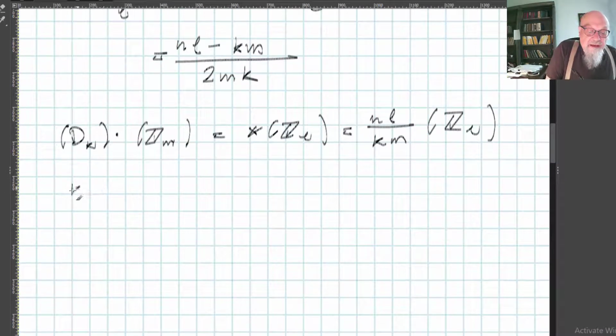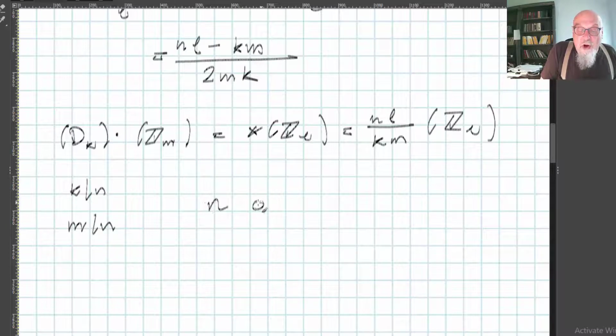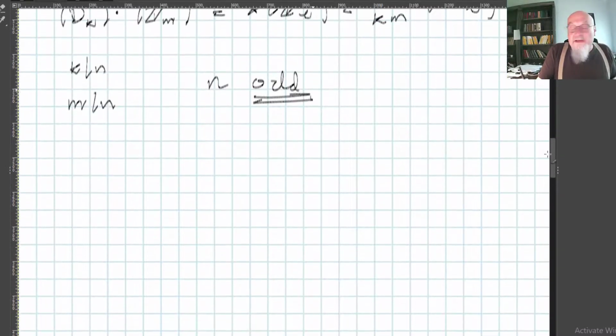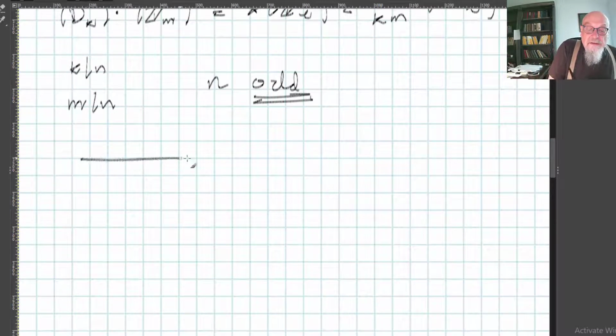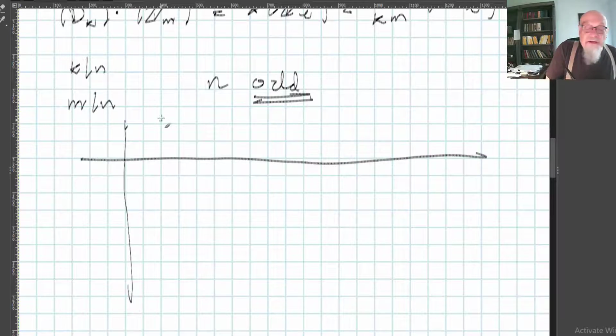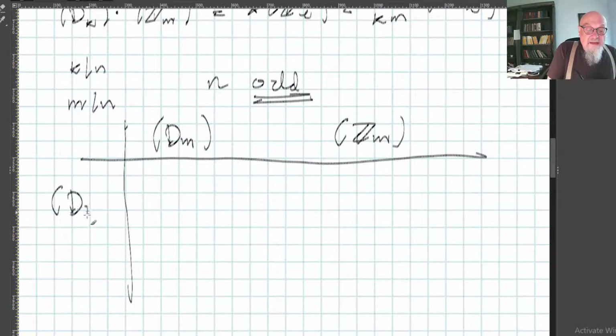So here we have K divides N, M divides N, odd, and then we have here the table. So this will be like a dm, this will be like a zm, and this one will be dk, and this will be zk.